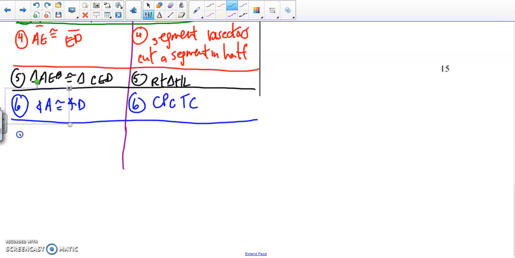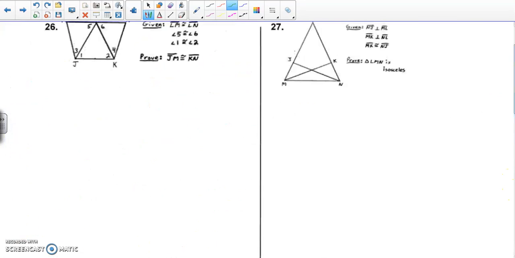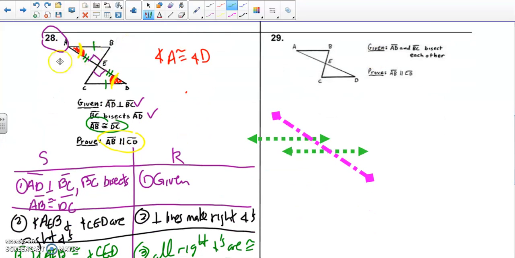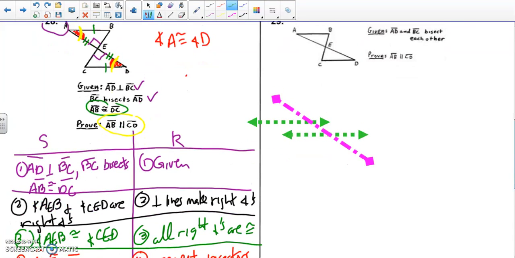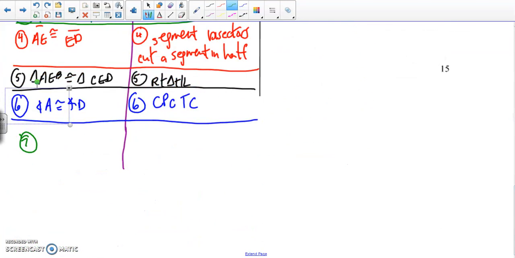And to finish it up, because those angles are congruent, the relationship between them are alternate interior. So that proves, because the alternate interior angles are congruent, that segment AB must be parallel to segment CD.